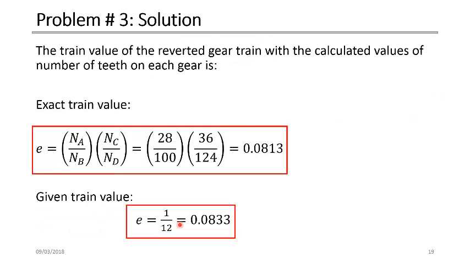Now we need to get the exact train value based on the number of teeth that we've got. The exact train value is NA divided by NB multiplied by NC divided by ND.